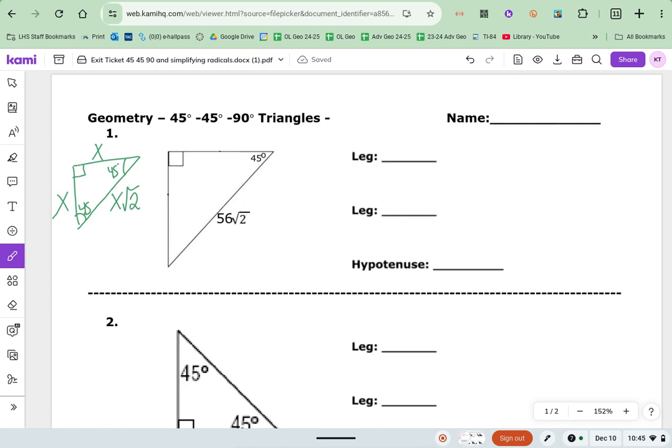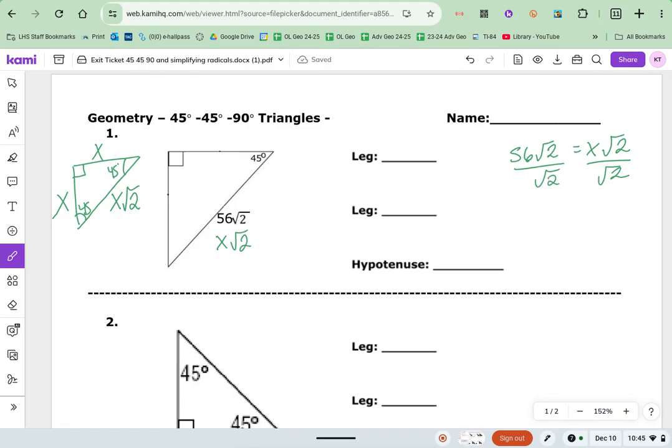So on this first example, we are given the hypotenuse of the triangle. The 56 root 2 is on the x root 2 side, which means that 56 root 2 is equal to x root 2. So we can divide by root 2 on both sides because we're trying to get x by itself to figure out what the leg is going to be.